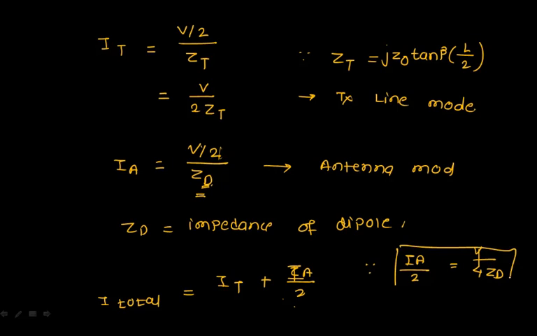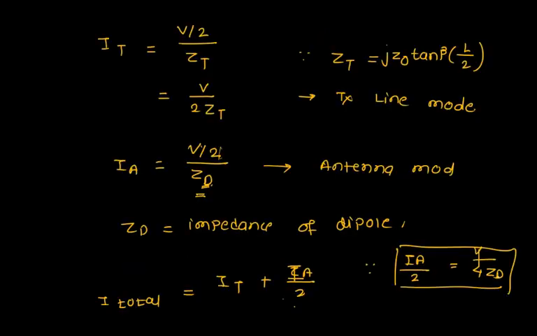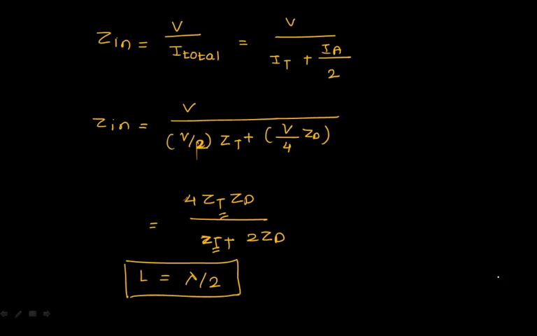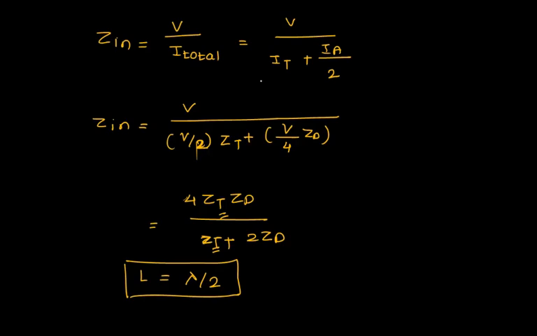This is something which they have done over there. So IA by 2 is nothing but V by 4ZD. Okay, so this ZD must be down.